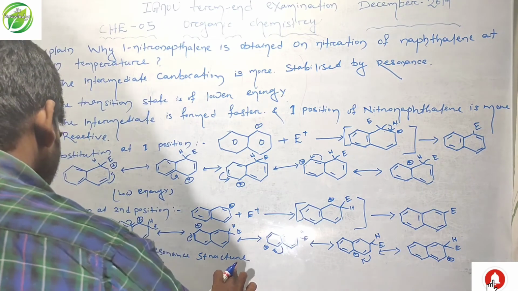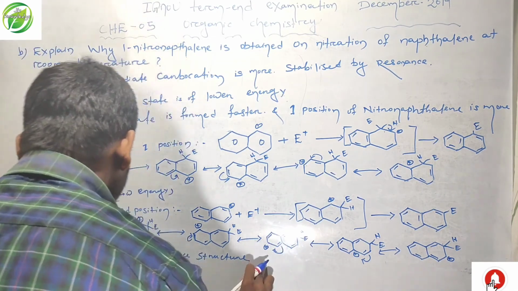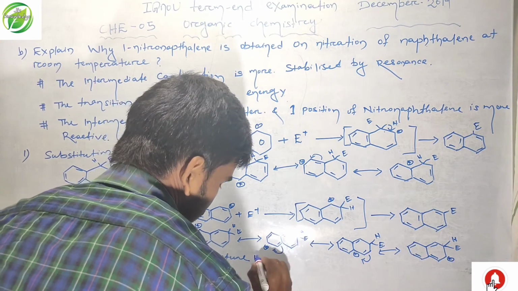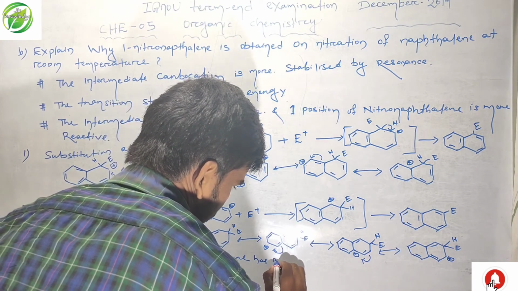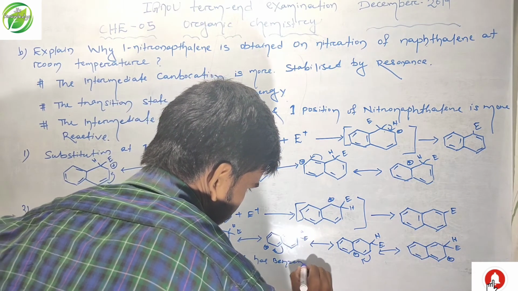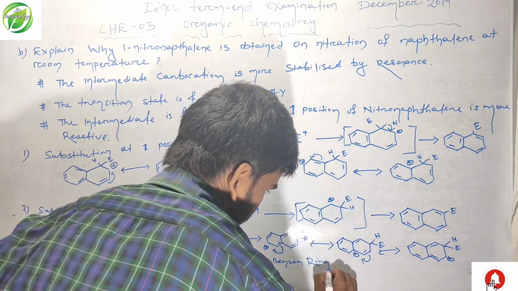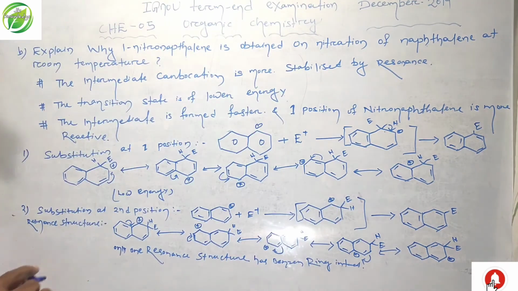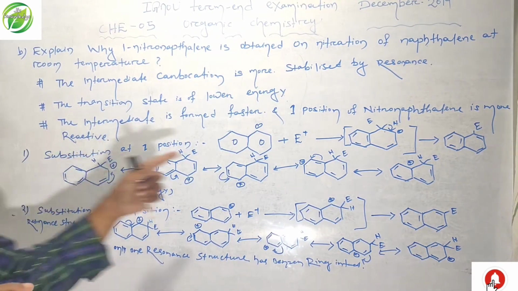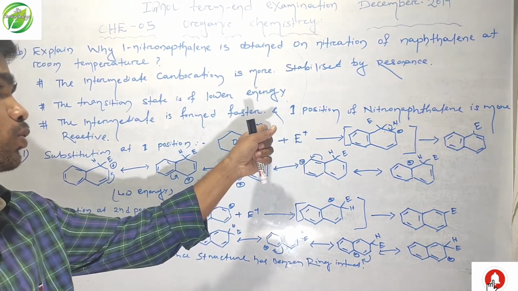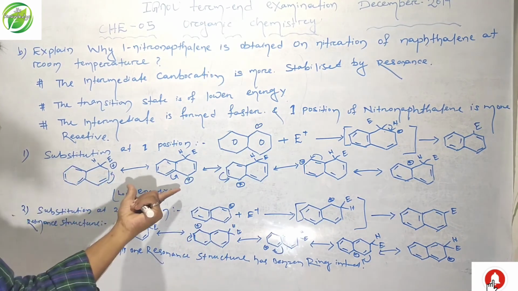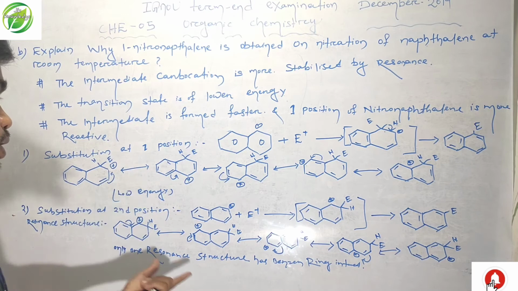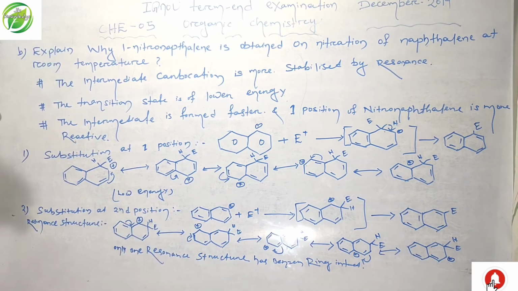in which the benzene ring is intact. But when the electrophile attacks the 1 position, there are the first 2 resonance structures with the benzene ring intact, but in the case of the 2 position only one structure has the benzene ring intact.